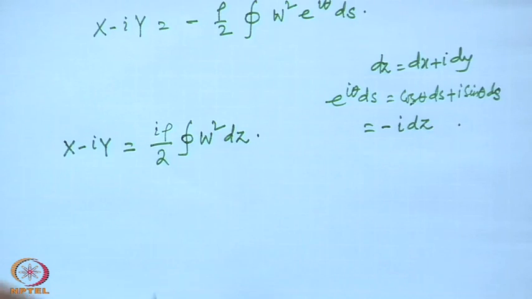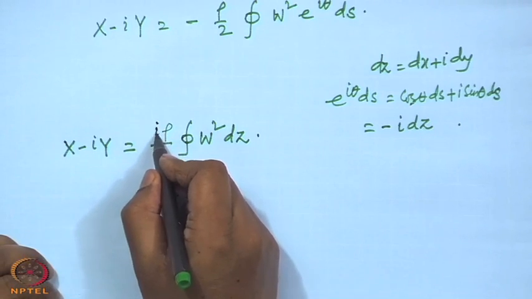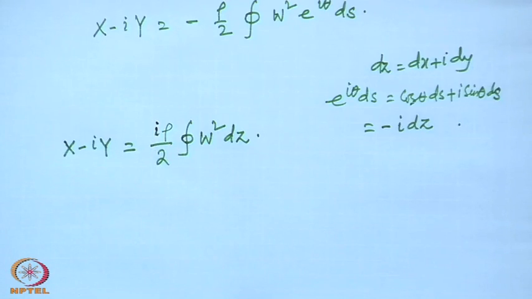This gives the force exerted on a body by two dimensional ideal flow or two dimensional potential flow, on a body, force exerted on a body by a two dimensional potential flow in general. This formula is known as Blasius formula.